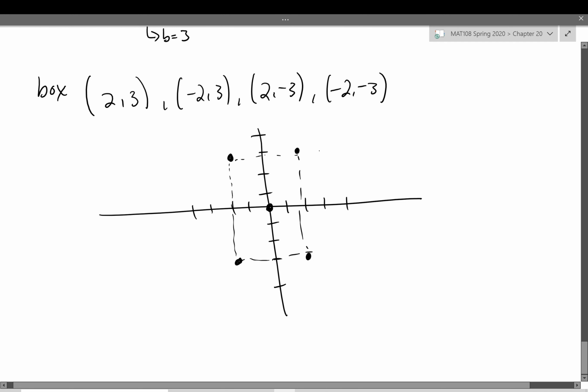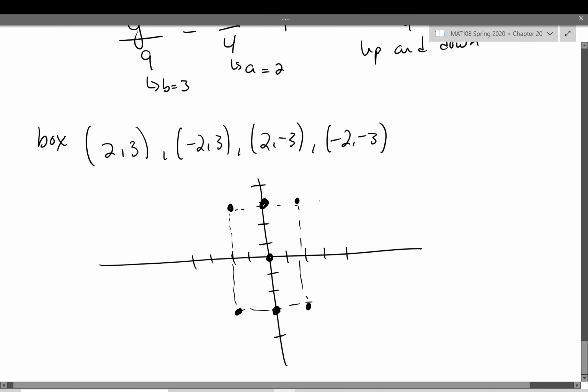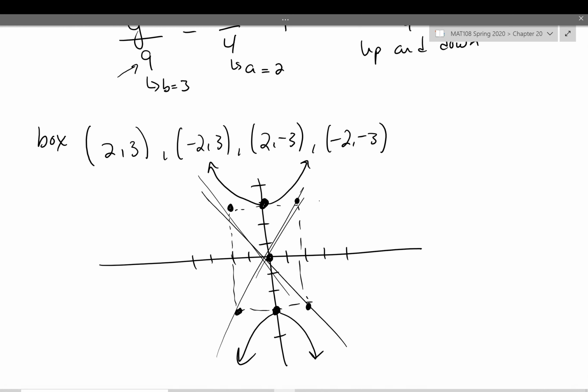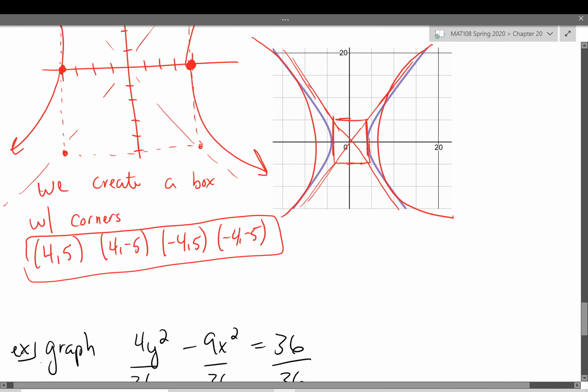Okay? And I know this opens up. And that distance is 3 because right there. And if you wanted to, you can put in your asymptotes. I suggest doing it. Okay? And that's it. That's as hard as it gets. We're not going to derive these equations or anything like that. All we're going to do is just graph them. That's it. Okay?